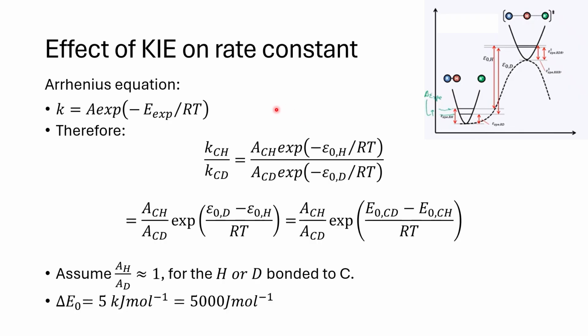Recall the standard Arrhenius equation, which links the rate constant to the experimental activation energy and the pre-exponential factor. The kinetic isotope effect is defined as the ratio of the rate constant for the light isotope, so we have the rate constant for the C-H molecule, to the rate constant for the heavy isotope, k_CD, which is for the deuterium-substituted molecule.